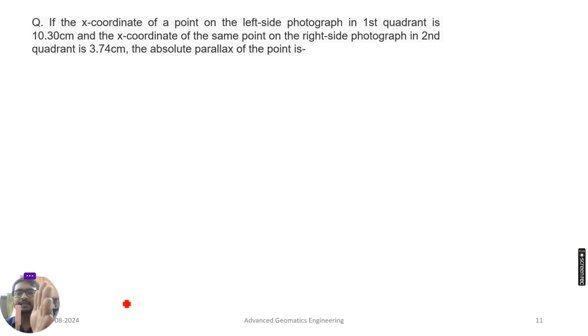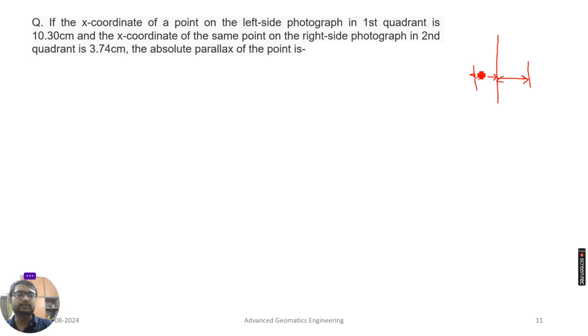So I will just draw that. Let's say this is your axis. When I'm keeping one eye closed, I'm seeing the pen over here, 10.3 centimeter in the first quadrant. And when I'm using my other eye, I'm seeing the pen at 3.74 centimeter in the second quadrant.